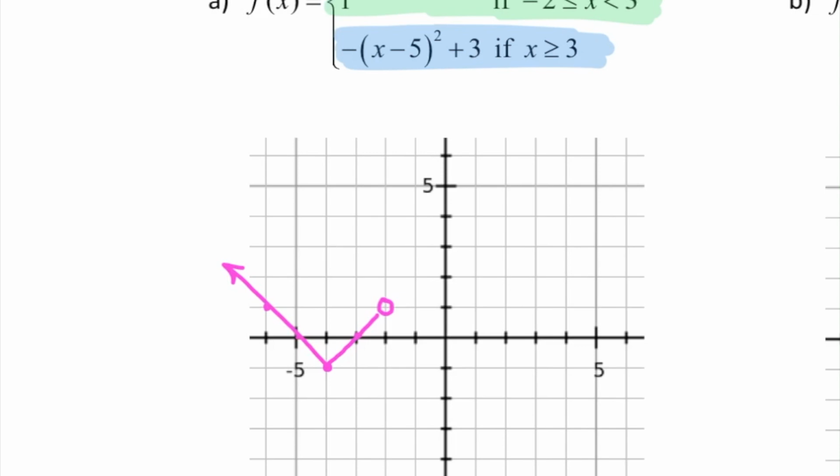Interesting, because then this next piece of the graph, from x is -2 to x is 3, even though it includes, because of that equal sign there, it includes x equals -2, it's 1, and that's where the graph is from the first piece of the equation.